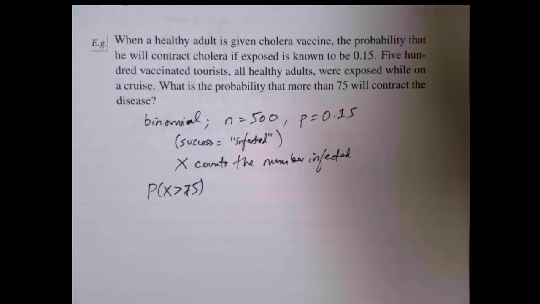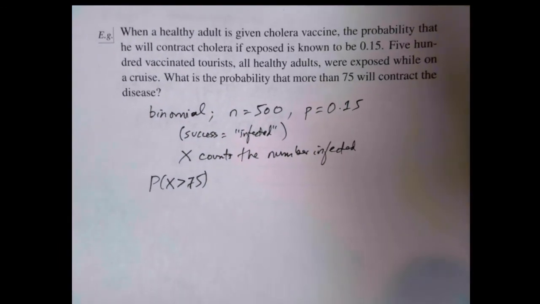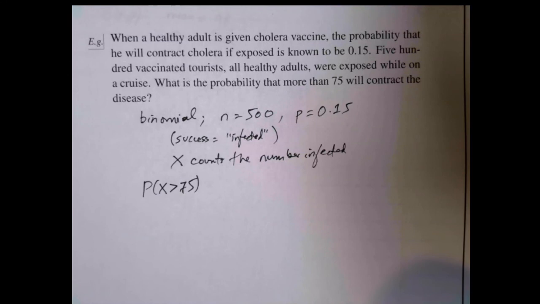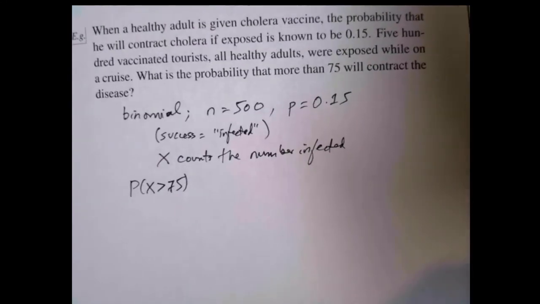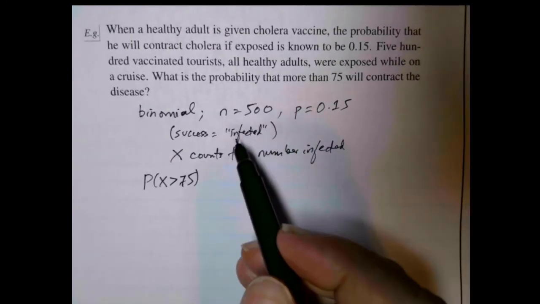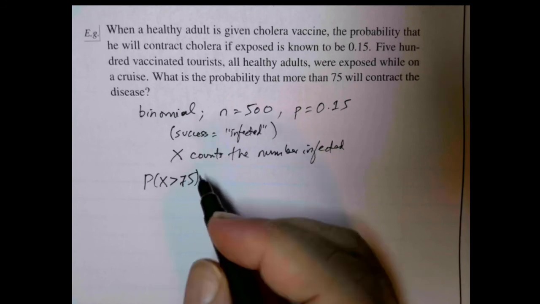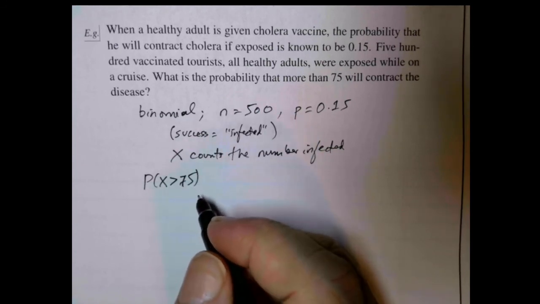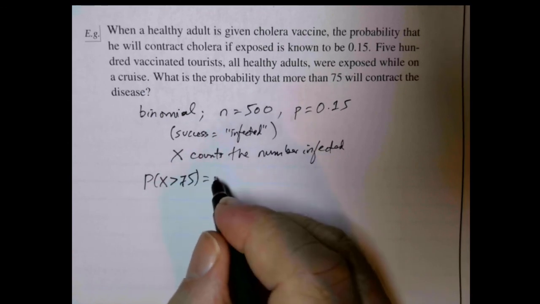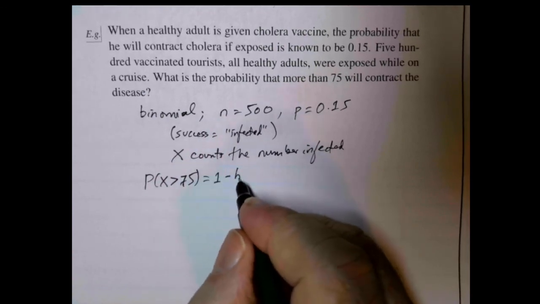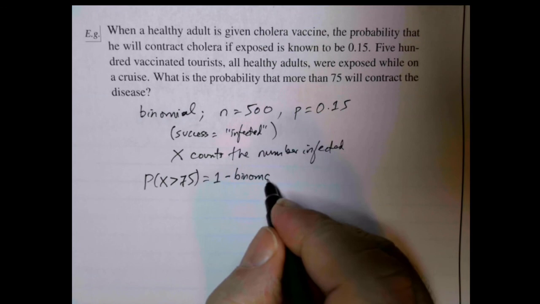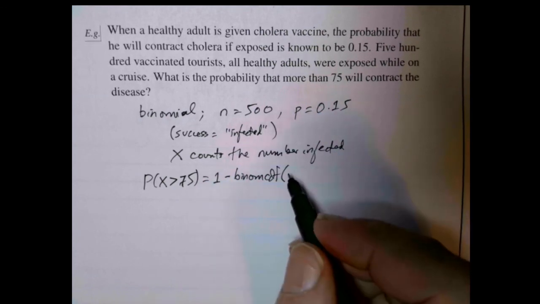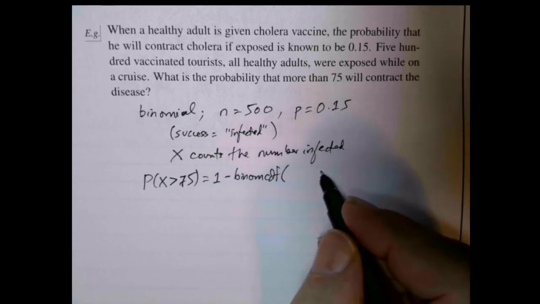Well, we can do this directly with binomial CDF, right? We know how to find the probability for a binomial random variable. We know how to find the probability that there are more than 75 successes. We would have to compute 1 minus binom CDF of, right, what are the arguments? n, p, x.